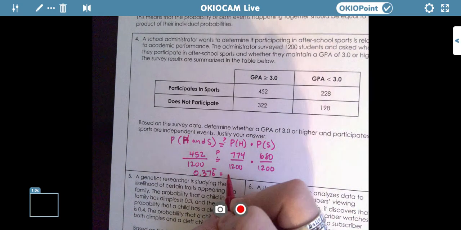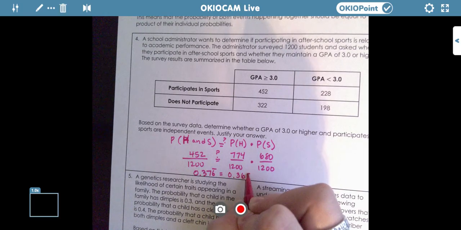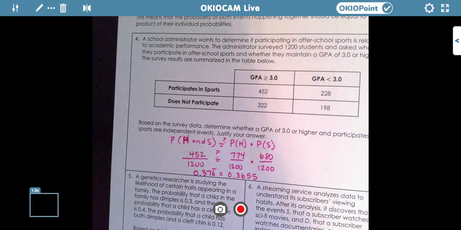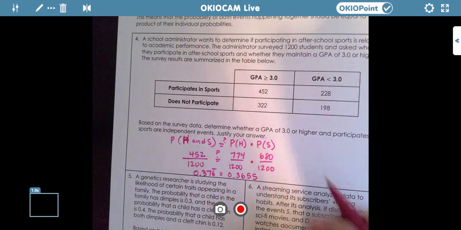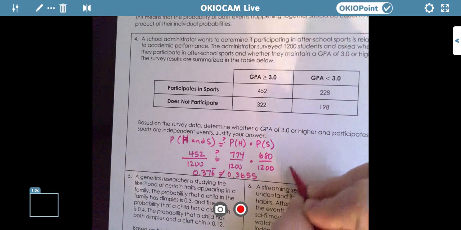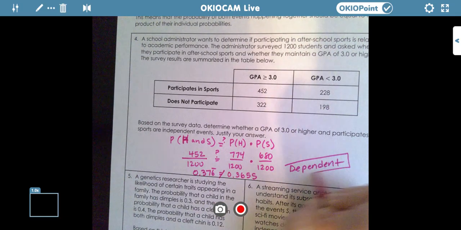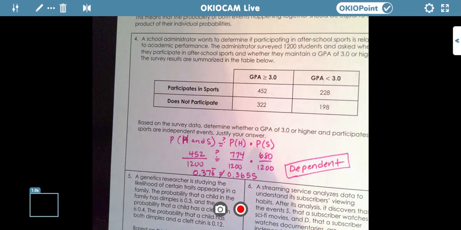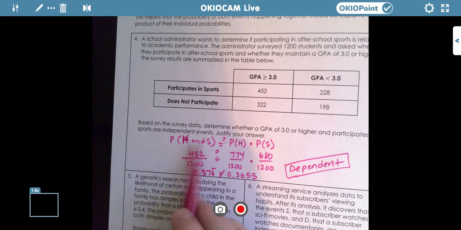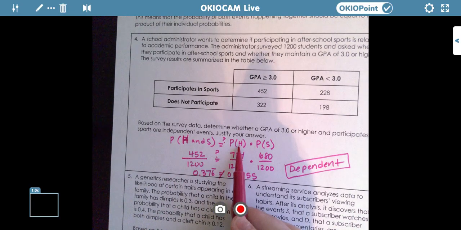And I get 0.3655. So now those numbers are close, but they're not exact. So if they're not exact, then they are dependent. All right, so that's what we're looking at here. So this formula is probability of both equals probability of one times the probability of the other.